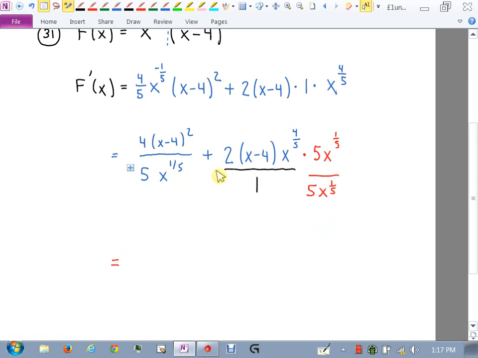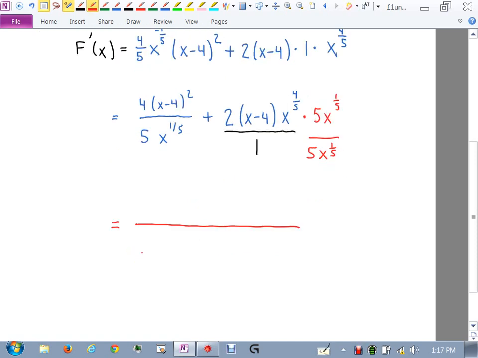Now, I know I'm going to get a common denominator from that, so all of this is going to be over my common denominator. The top left fraction here does not change. And how does this top right one change? When I multiply, let's say, the 5 times the 2 out here, I get a 10. But what's x to the 4/5 times x to the 1/5?